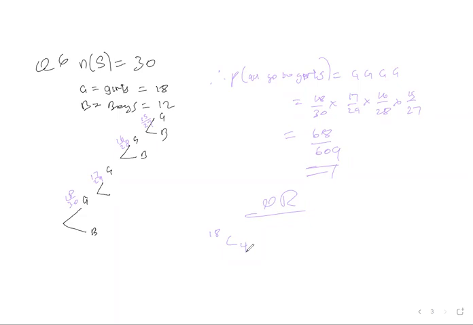So this gives us the total being chosen, divided by the total number of students, which is simply 30 choose 4. This is a combination, remember the binomial. So this gives us the required probability that tickets go to girls, which gives us 68 over 609.